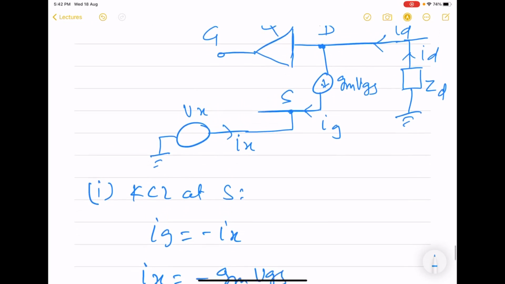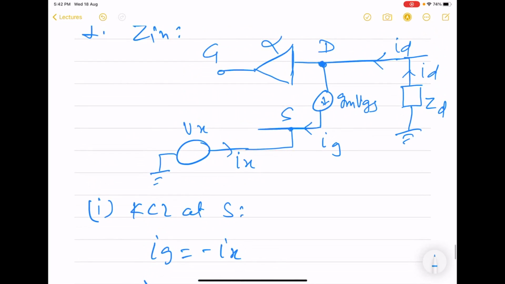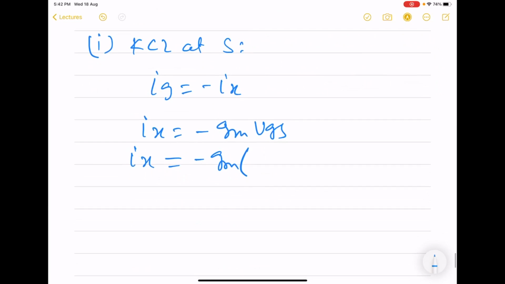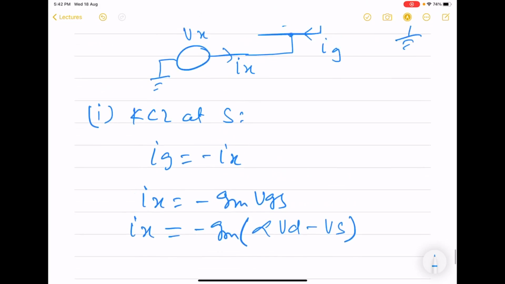And here we have gate voltage. So this gate voltage, if this is the drain voltage, then the gate voltage, which is the output of this feedback network, is going to be alpha Vd. So Vg is equal to alpha Vd. So alpha Vd minus Vs. Now we have to find out what is Vd.